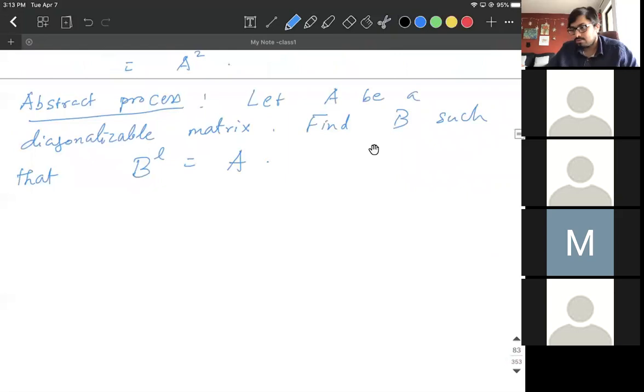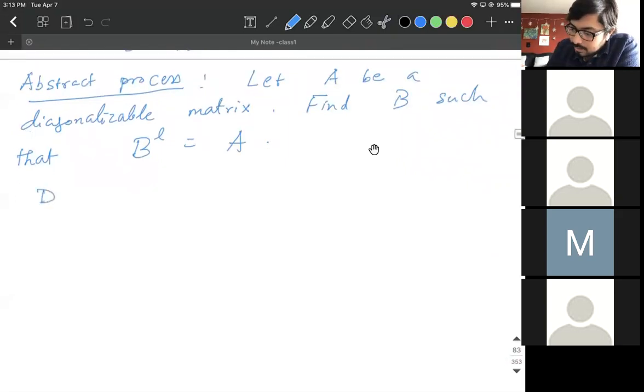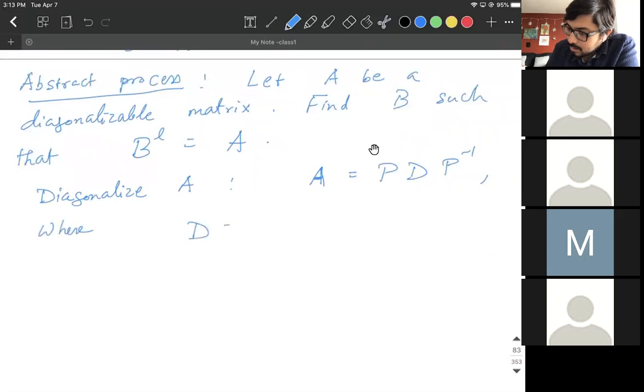You want to find the Lth root of A. So the general technique is to diagonalize A. Let A be equal to P D P inverse, where D equals the diagonal matrix, lambda 1 up to lambda n, and zeros everywhere else.